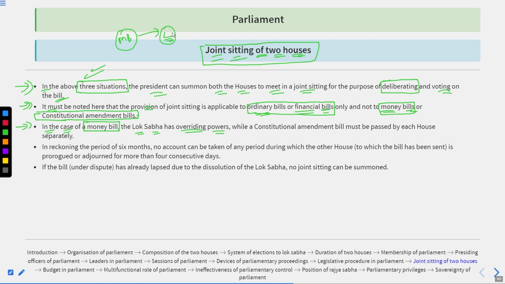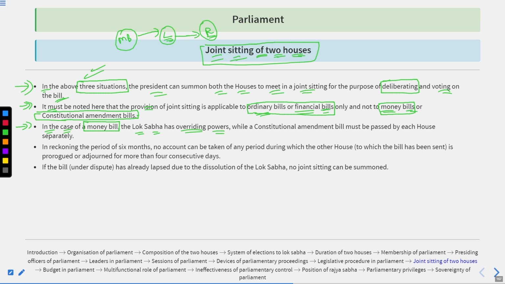And once the Lok Sabha passes the bill, then the bill will be sent to the Rajya Sabha for its consideration. Okay, then we know the Rajya Sabha has no right to reject the bill. Okay, even if they want to make several changes, then those changes will not be counted as an amendment, but would be counted as a recommendation. Like Rajya Sabha wants, these changes should be made in the bill. Okay, so that will be called a recommendation.